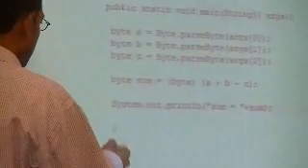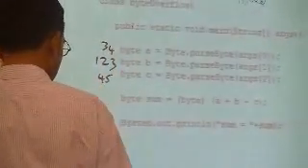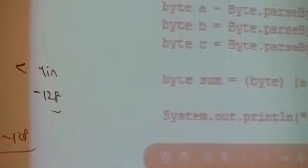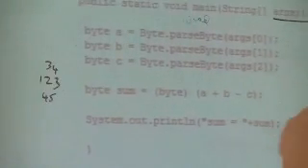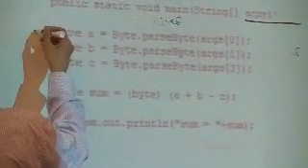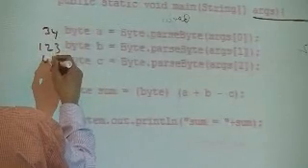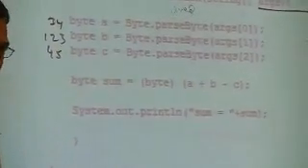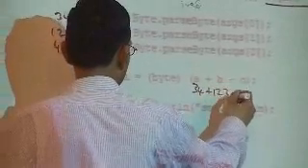Let's say I pass 34 for A, 123 for B, 45 for C. Let me increase the size. So I pass 34, 123 and 45. And I compute 34 plus 123 minus 45.